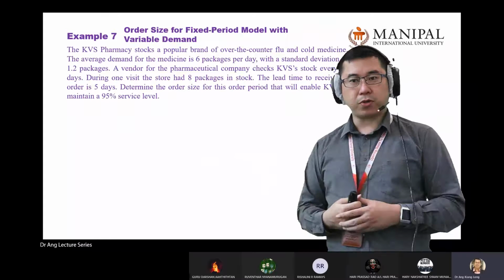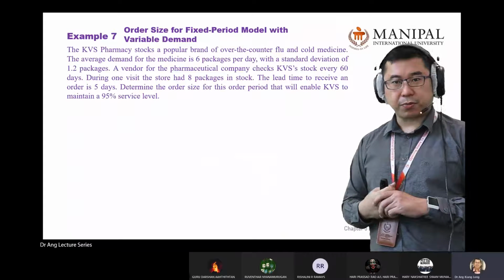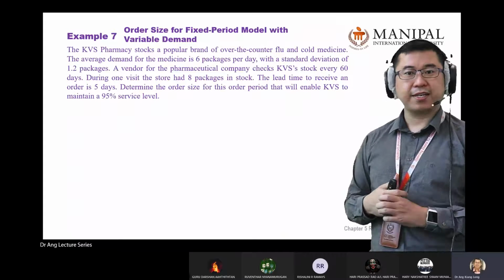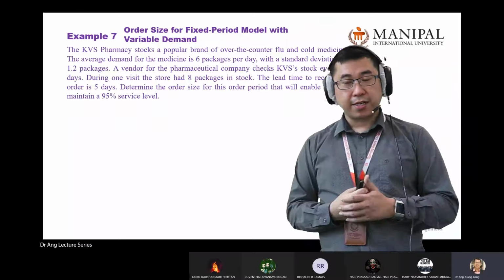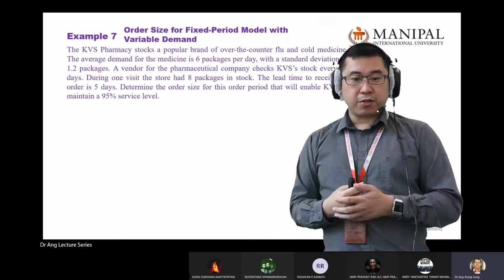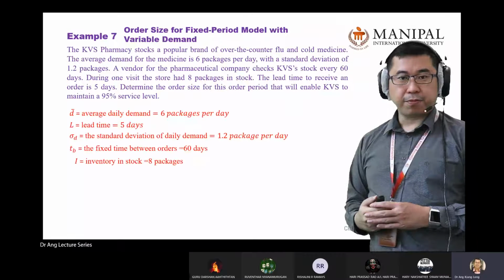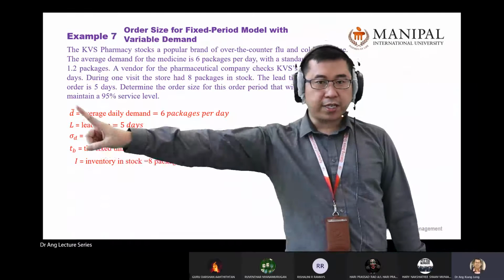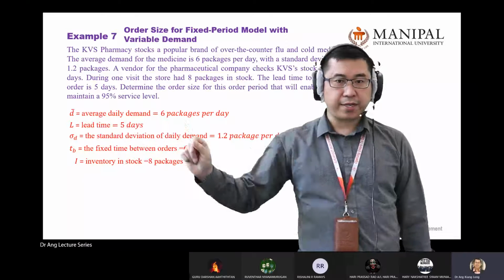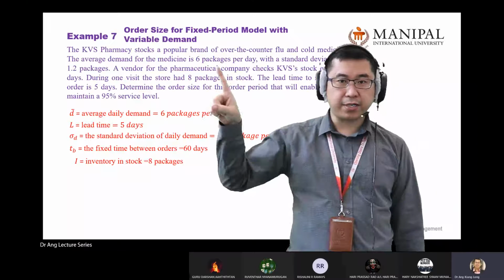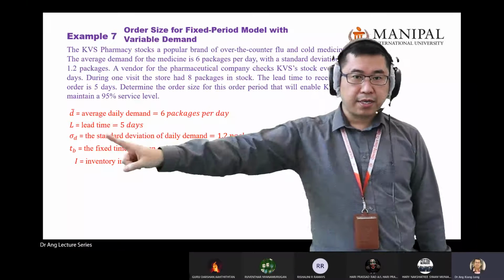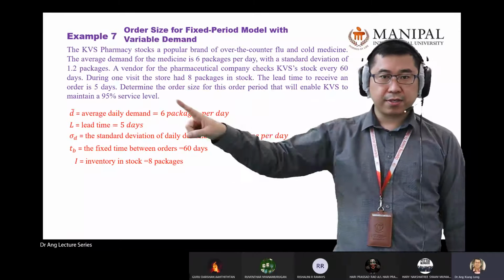Okay, so in example number 6, we already know how to calculate service level at 95%. Use the same approach to find your Z by using the normal distribution table. All right. So what information do we have? We have all this information. D dash, which is your average daily demand, is 6 packets per day. Lead time 5 days here.